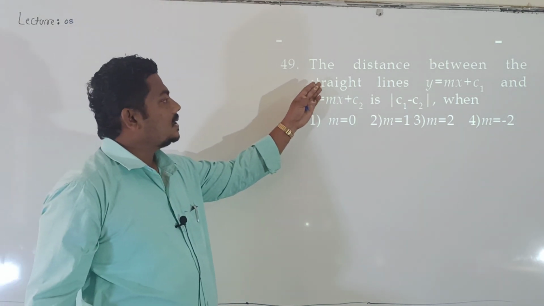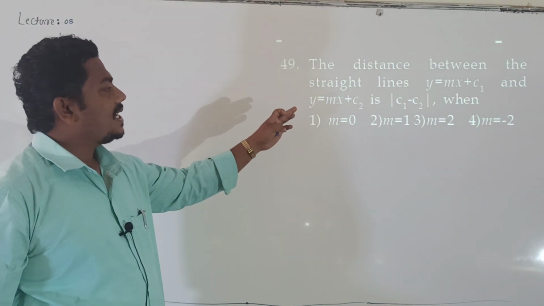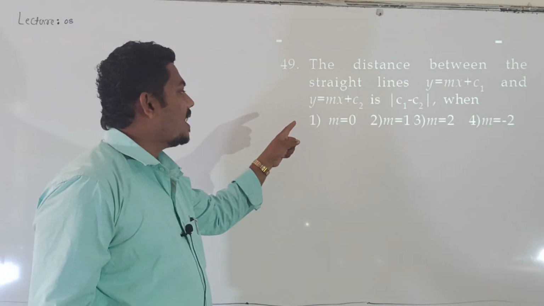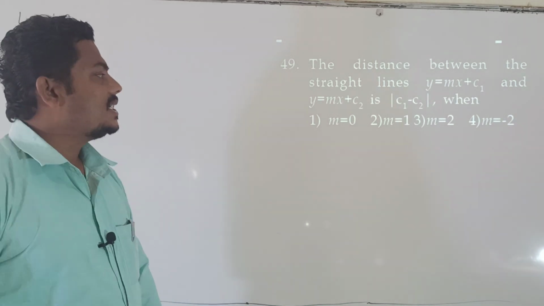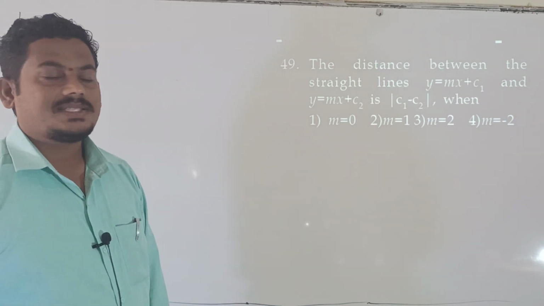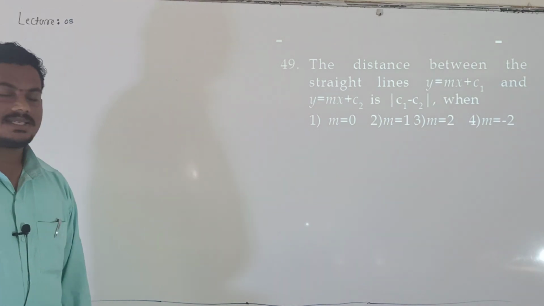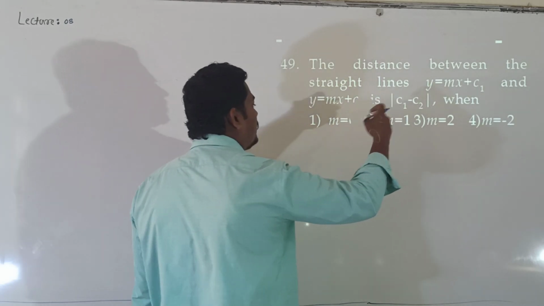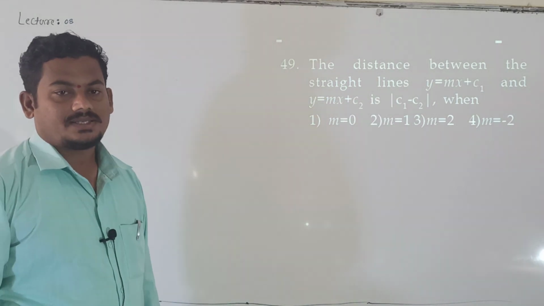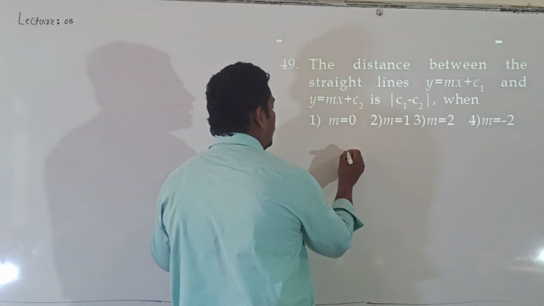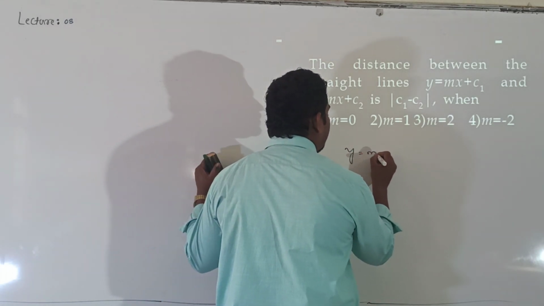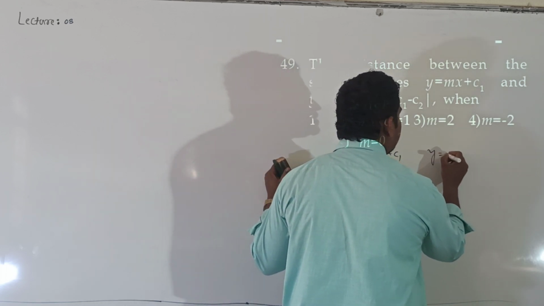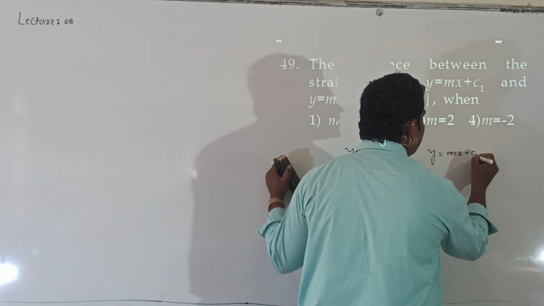Next, the distance between the straight lines y equal to mx plus c1 and y equal to mx plus c2 is modulus of c1 minus c2, then what is the slope? When the distance between these two parallel lines is modulus of c1 minus c2, right? y equal to mx plus c1 is one line and y is equal to mx plus c2 is another line.